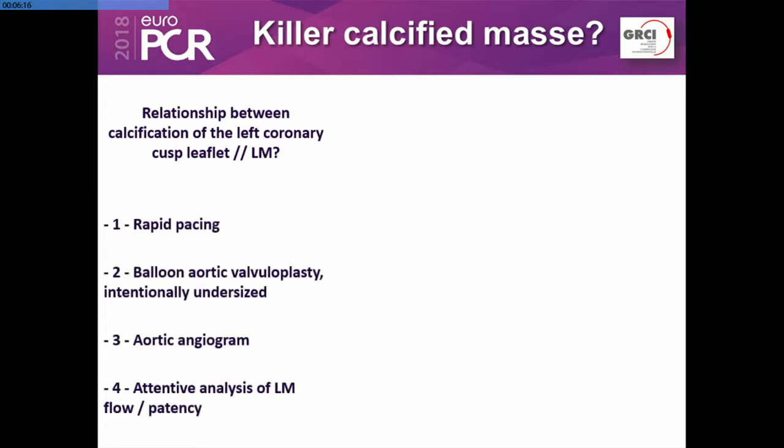So we defined this strategy before using the valve: rapid pacing of the patient, performing a balloon aortic valvuloplasty using an intentionally undersized balloon to know what would happen, performing an aortic angiogram, and adding an attentive analysis of both left main flow and left main patency.